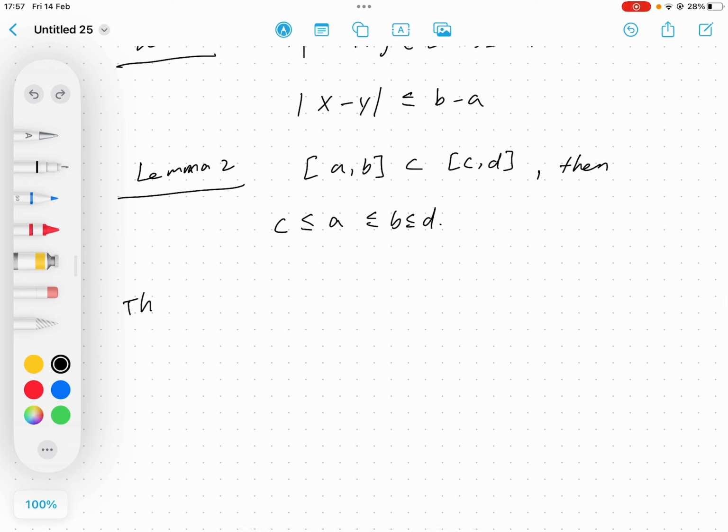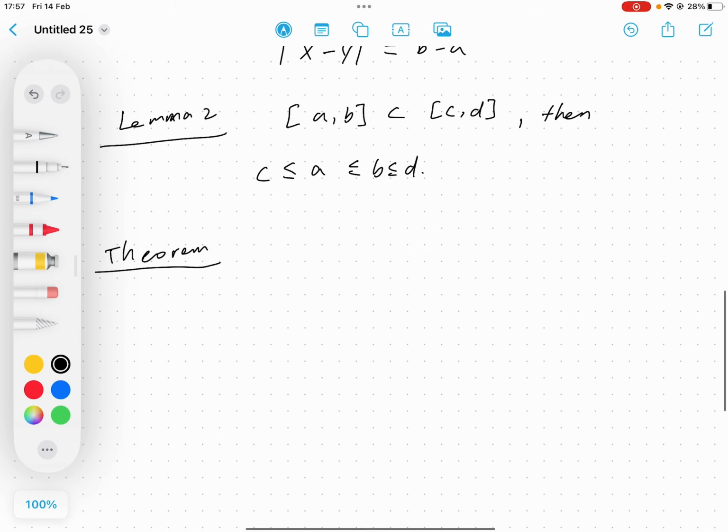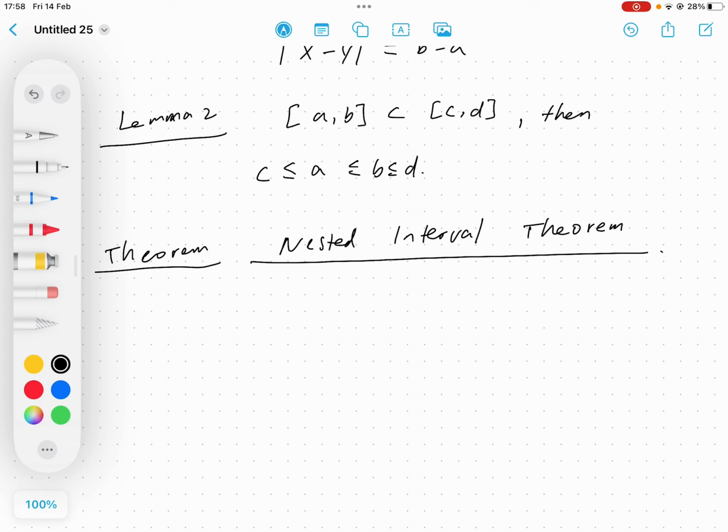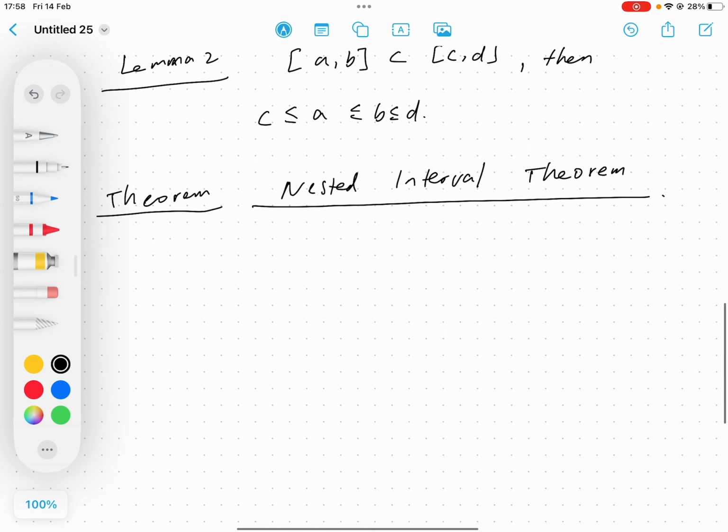Good. So here it goes for the nested interval theorem. It's important that this is only true for closed sets. We're just talking about closed sets, not open sets, in this video. Let's define again this J, but with a little n.